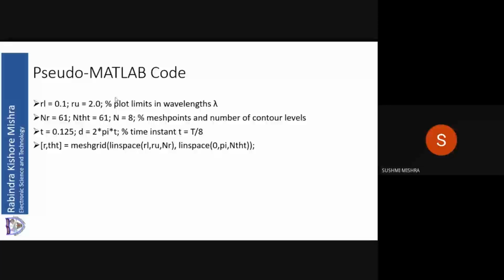Now suppose you are making a plot of x and y. How will you define x? Suppose x exists at x is equal to 1, x is equal to 2. y exists at y is equal to 1, y is equal to 2. Now if I write a program for plotting, at x is equal to 1, y is equal to 1, at x is equal to 2, y is equal to 2.